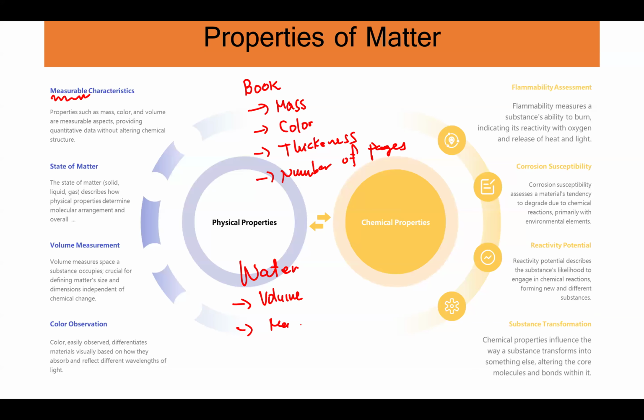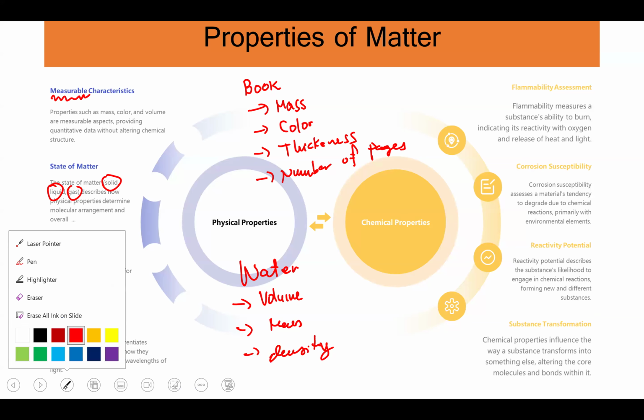Maybe mass, volume, density, and etc. The physical state of matter is classified into solid, liquid, and gas. You also have volume, and you also have color observation. Volume and color are some of the examples of physical properties of matter.